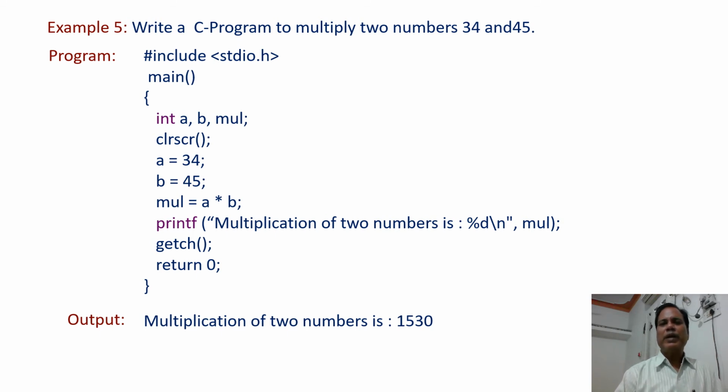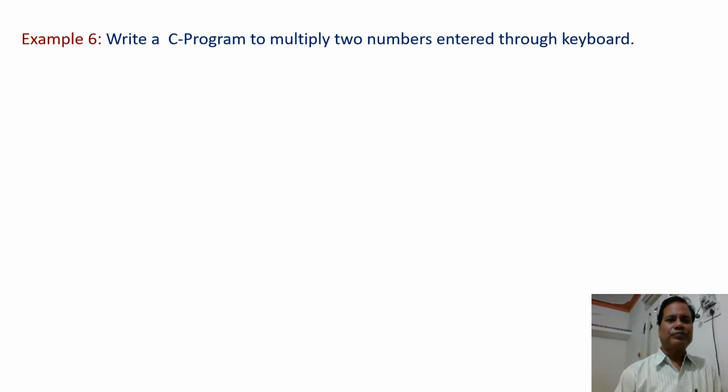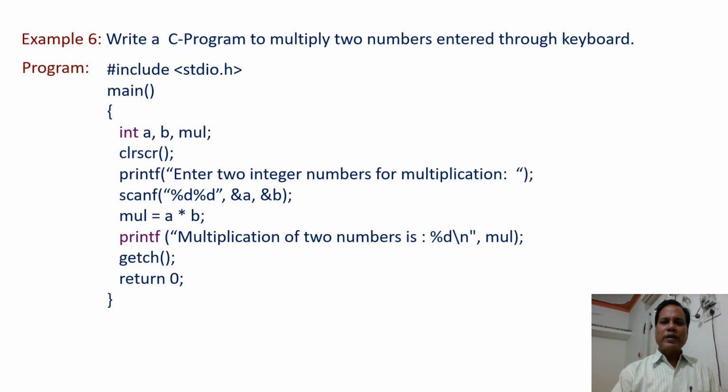Now again we can modify this program so that these two numbers are obtained from the keyboard. In example number 6, we will discuss how to write the code when two numbers are entered through the keyboard. So the program will be like this one.